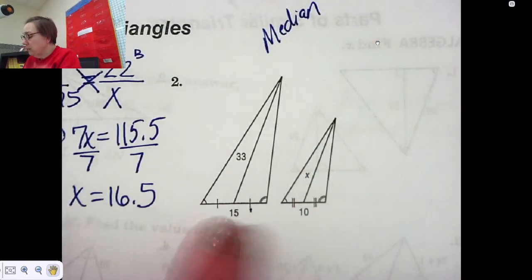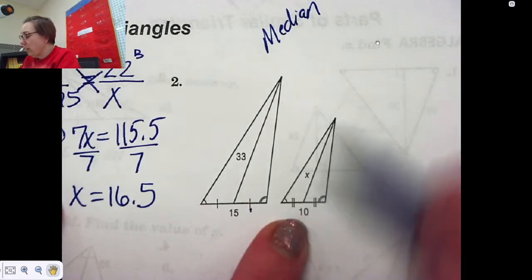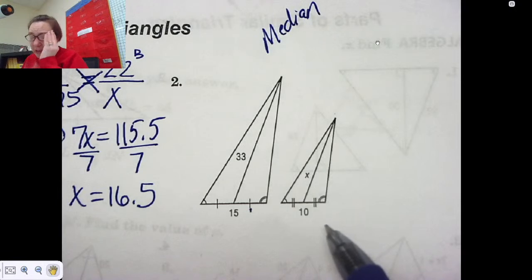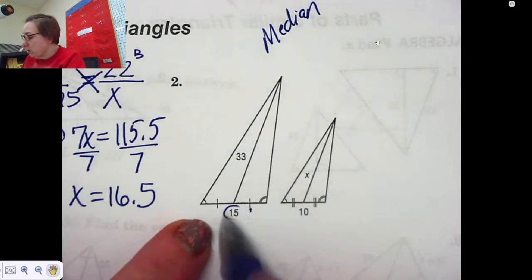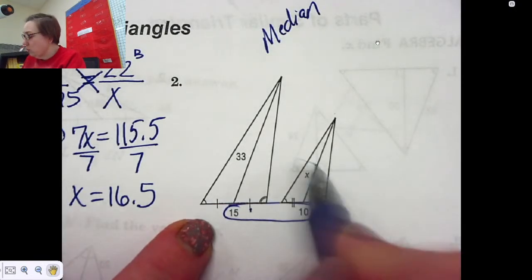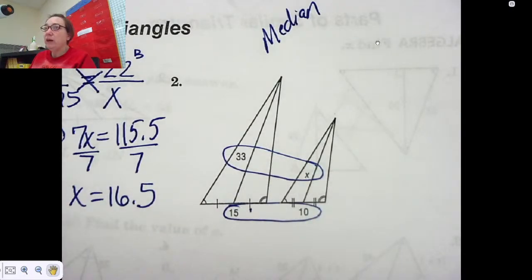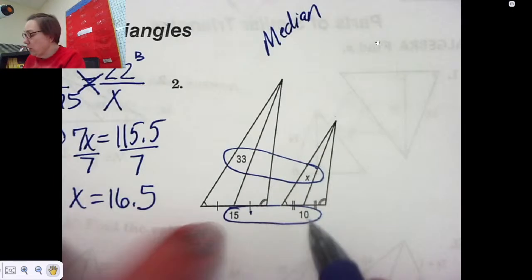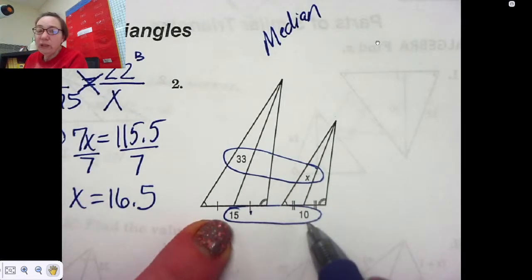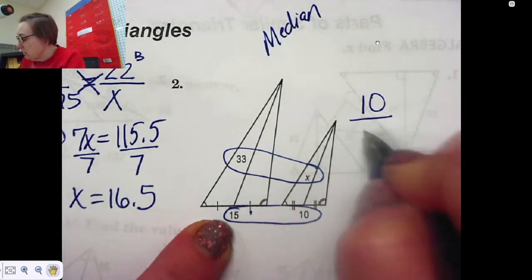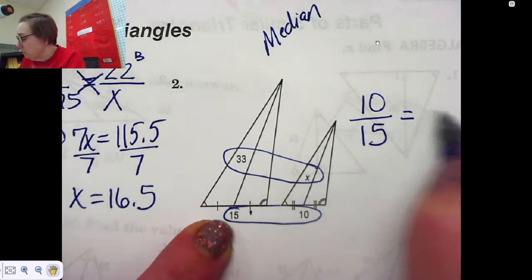We can set up a ratio of these 2 sides to a ratio of these 2 medians and solve to find the missing median value. Do you want to put 15 on top or 10 on top? 10. So 10 on top, 15 on bottom.